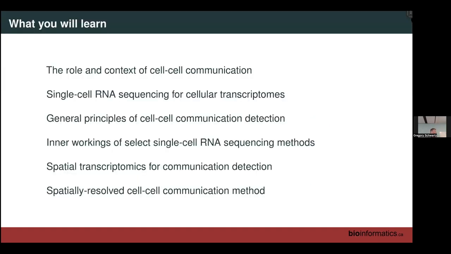Over the course of this lecture, I hope you'll take away the role and context of cell-cell communication, how we can use single-cell technologies in order to extract cellular transcriptomes in order to better identify communication, some general principles about how most of these algorithms can work, some of the more detailed inner workings of a select few communication detection algorithms, how we can maybe improve the robustness of this detection through spatial transcriptomics, and lastly, ending with the creation of one of our own, from our own lab, spatially resolved cell-cell communication tools.